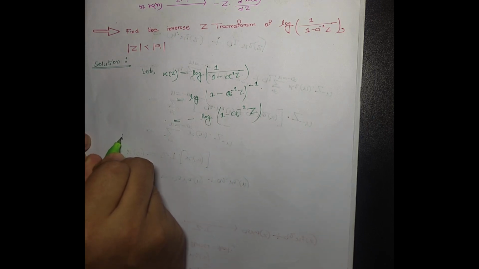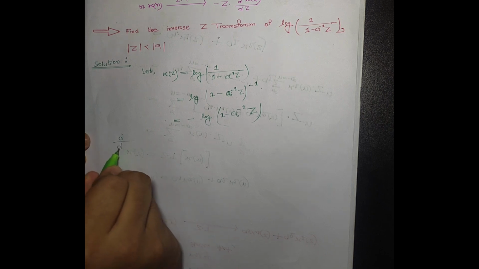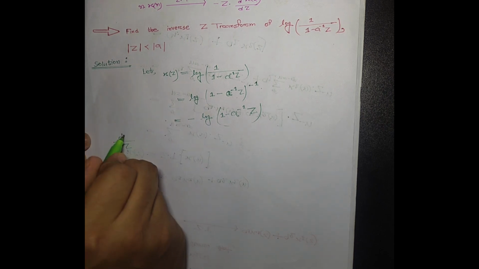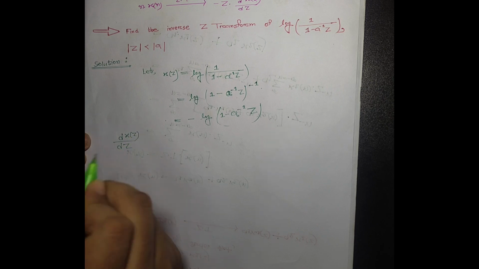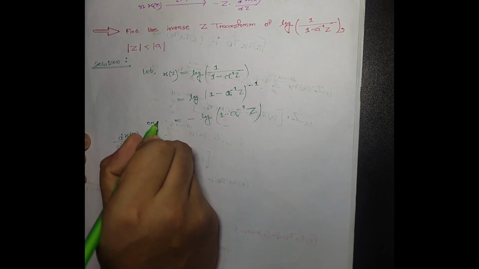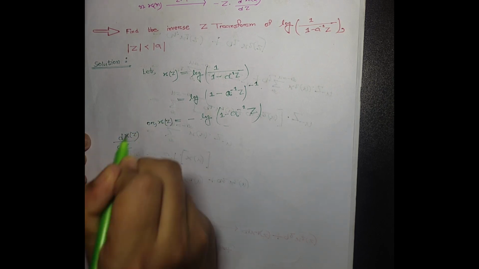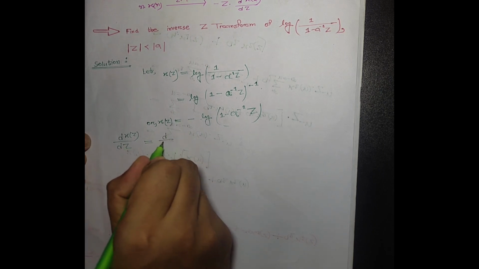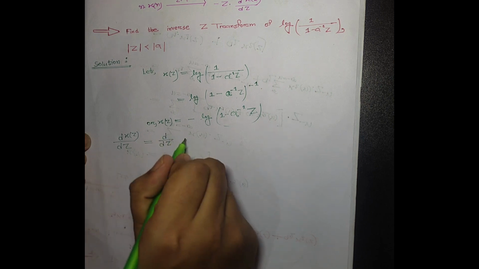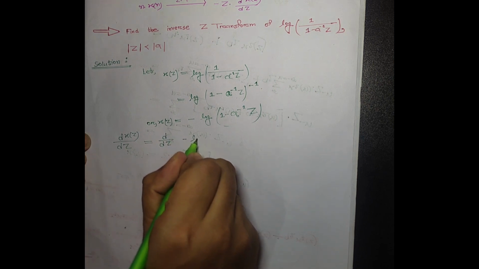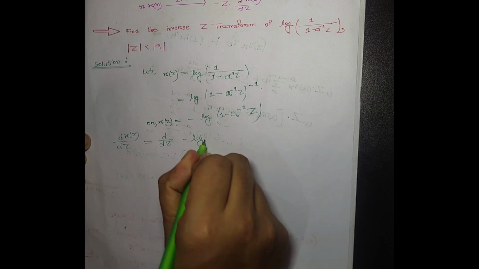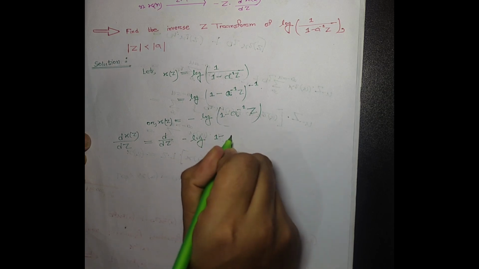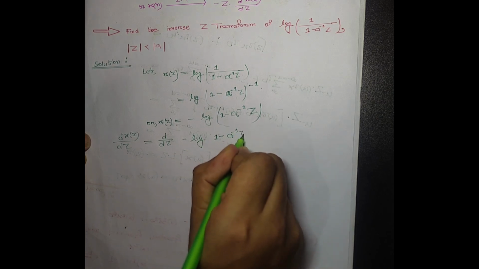Now d/dz of X of z equal to d/dz of minus log of 1 minus A inverse z.